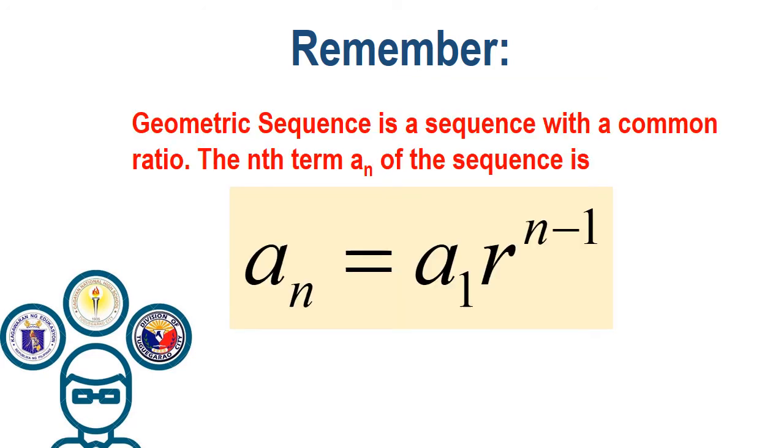So to summarize, class, a sequence with a common ratio is a geometric sequence. The nth term, a sub n, of a geometric sequence is given by a sub n is equal to a sub 1 times r raised to n minus 1, where a sub 1 is the first term, r is the common ratio, and n is the number of terms.